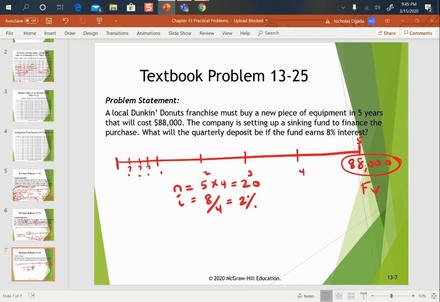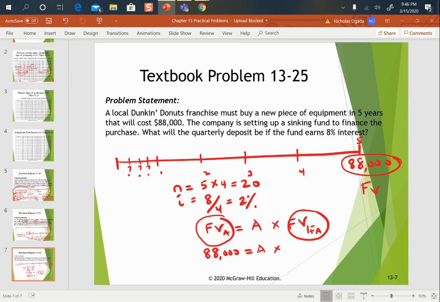We know that the future value of the annuity is equal to the annuity payment times the future value interest factor of an ordinary annuity. Now we can find this from the table. This is given to us as $88,000. So this is one way to look at it.